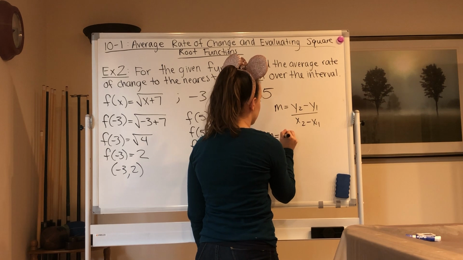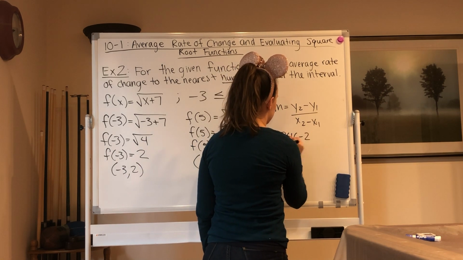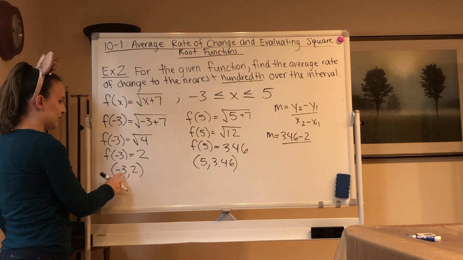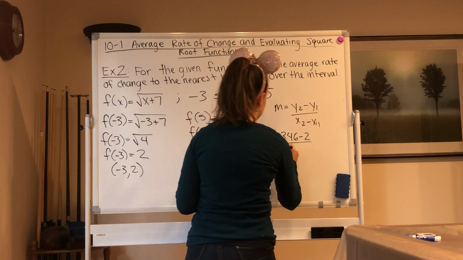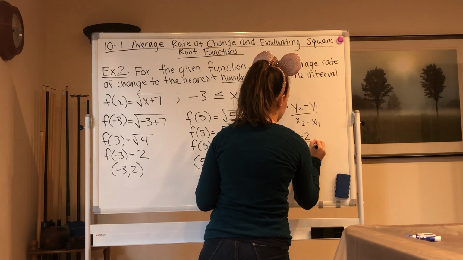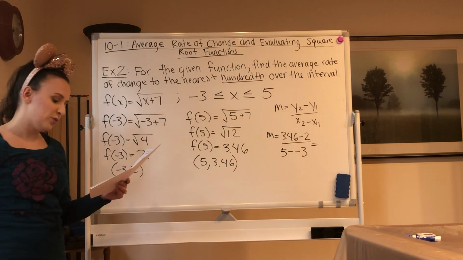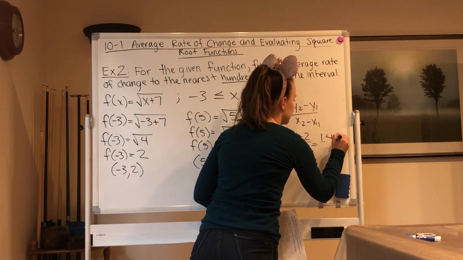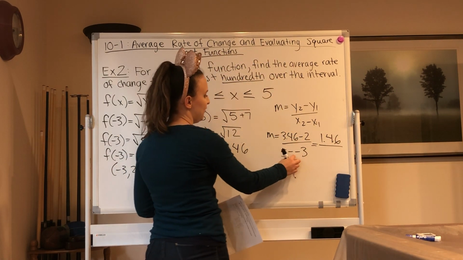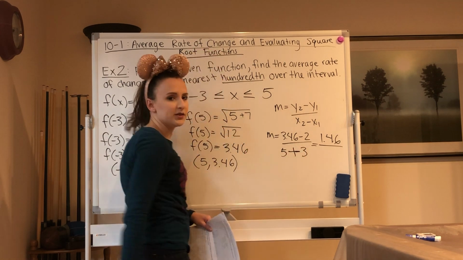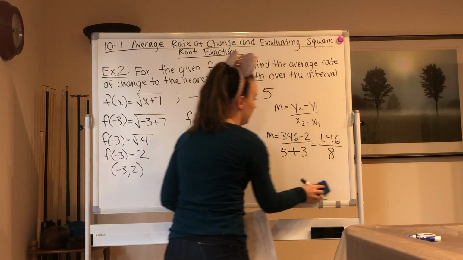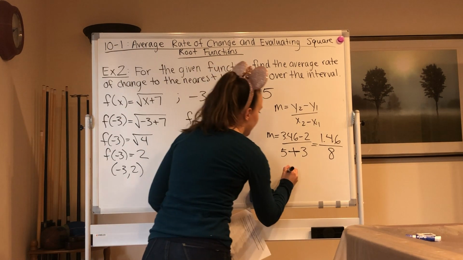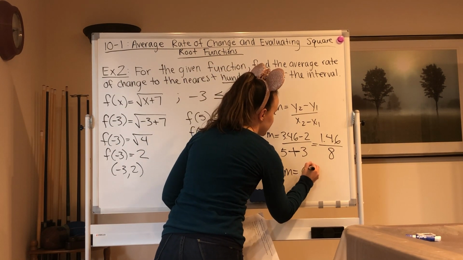So m equals 3.46 minus 2 over 5 minus -3. 3.46 minus 2 is 1.46. 5 minus negative 3, that's 5 plus 3, which is 8. And when you do 1.46 divided by 8 in your calculator, you will get m equals 0.18.